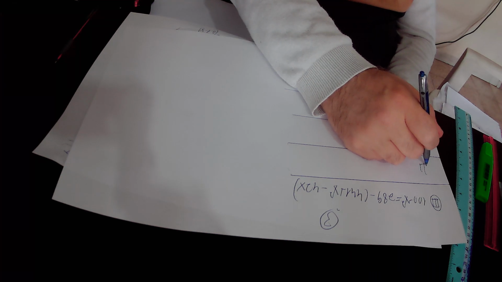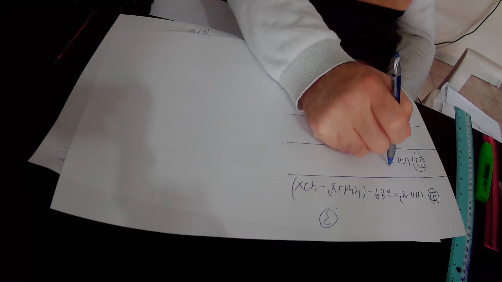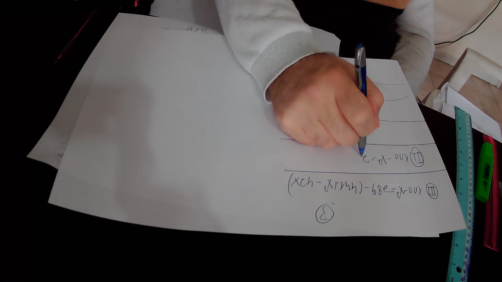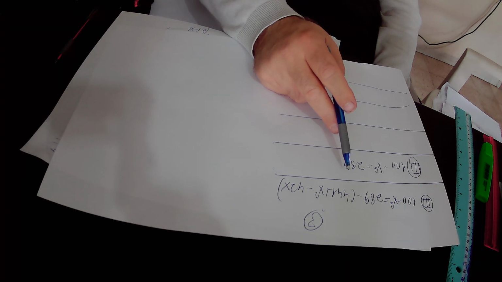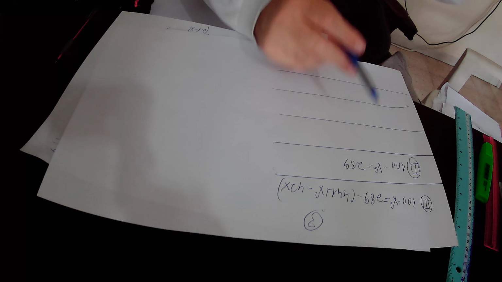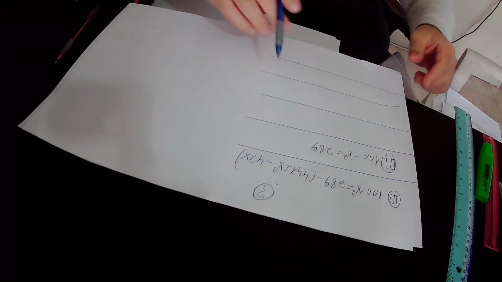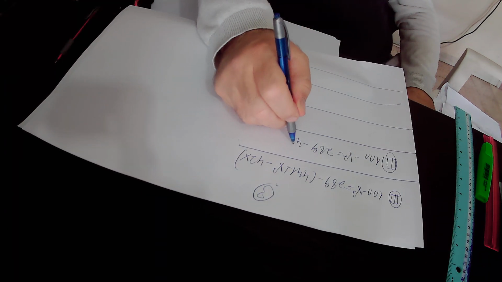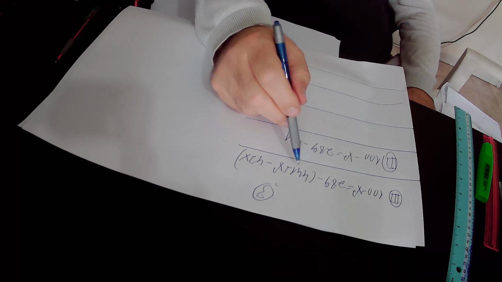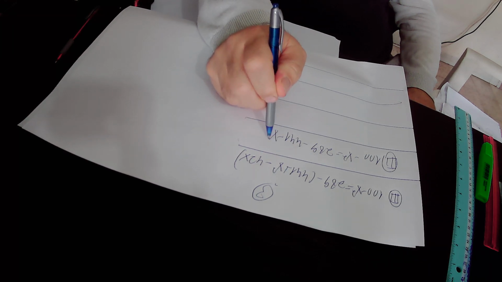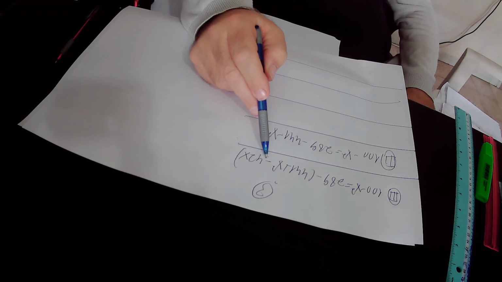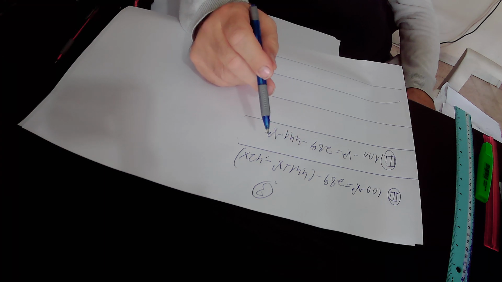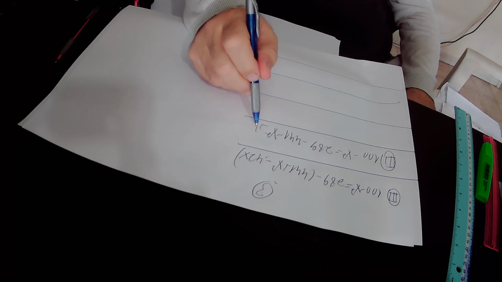So here we open the brackets of this expression. After we open the brackets, we have here minus 441. Here we have minus x squared. And here we have minus times minus is plus, so it is plus 42x.